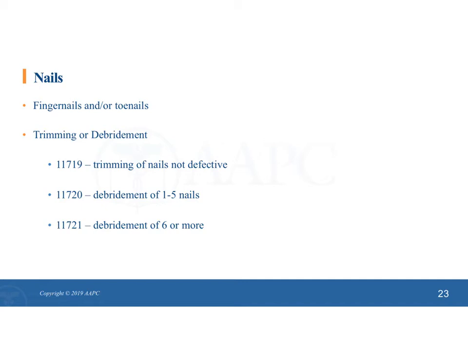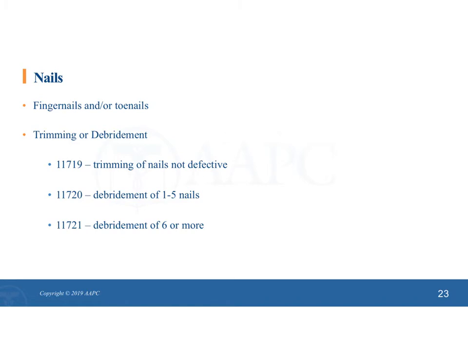Code 11719 is the trimming of nails that are not defective. This code is used whether 1 or more nails are trimmed. Debridement of nails is a more extensive service using various tools and files. Code 11720 is 1 to 5 nails, and 11721 is 6 or more.